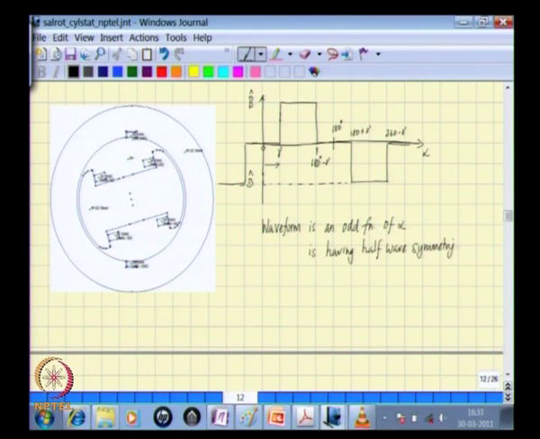You may recollect from your first courses on network analysis, if a waveform has this feature, that it is an odd function of the independent variable, then in the Fourier series expansion you will have only sinusoidal terms. If it has half wave symmetry, then this waveform will have only odd harmonics.